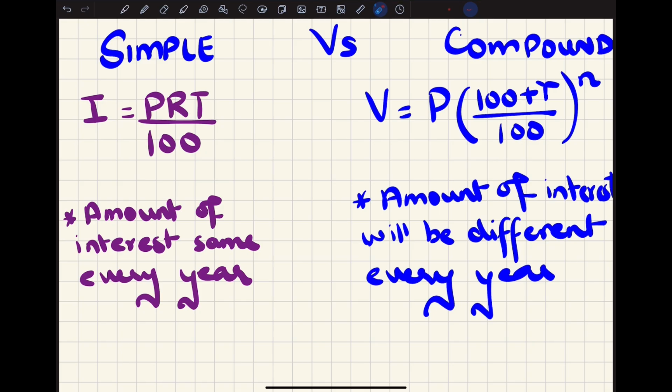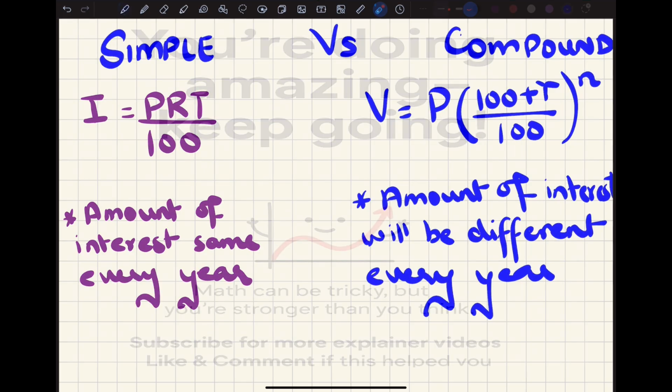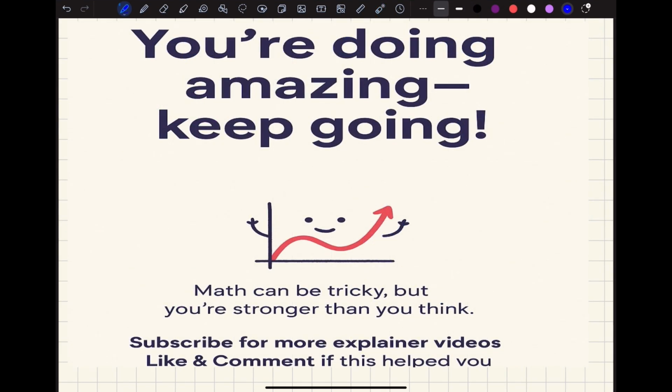So this is calculating the amount of interest. Compound interest formula is calculating the amount of money that you're going to have at the end of the entire time period, the final bank balance, right? And that's the difference between simple interest and compound interest.